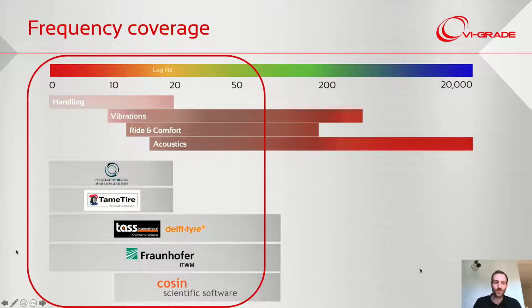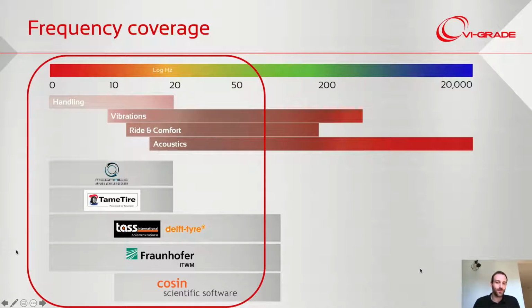The first one, like we can see here, is MegaRide, developed by the MegaRide company from Napoli University, and it's covering mainly the handling part of the spectrum. Time Tire is the proprietary tire model from Michelin, also supported by ViaGrade, and it's also a thermomechanical model like MegaRide, covering mainly the handling application.